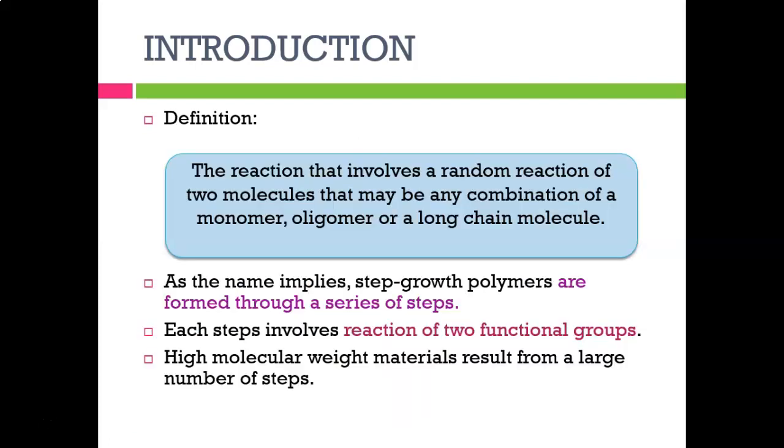The reaction involves a random reaction of two molecules that may be any combination of a monomer, oligomer, or a long chain molecule. And as the name implies, step growth polymers are formed through a series of steps. So this is the definition of step growth polymerization.